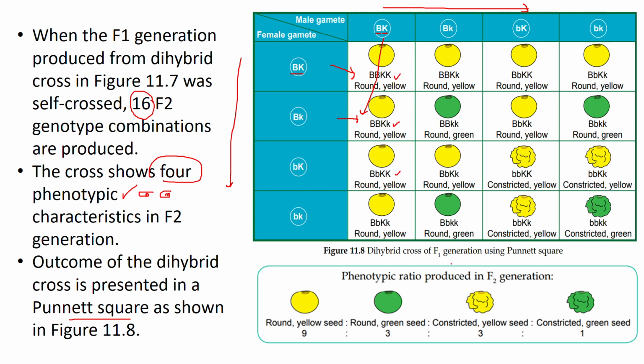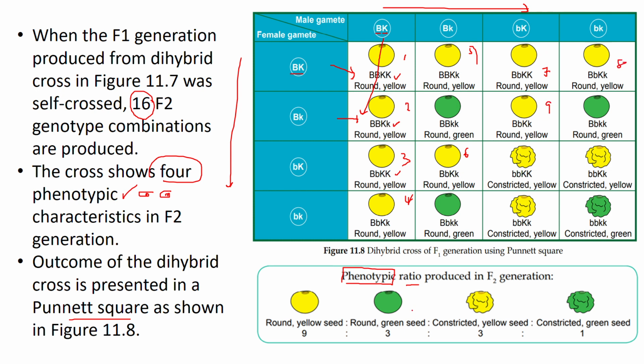So from here, we came up with the phenotypic ratio produced in the F2 generation. There will be a total of 9 round yellow seed. So here, 1, 2, 3, 4, 5, 6, 7, 8, 9.